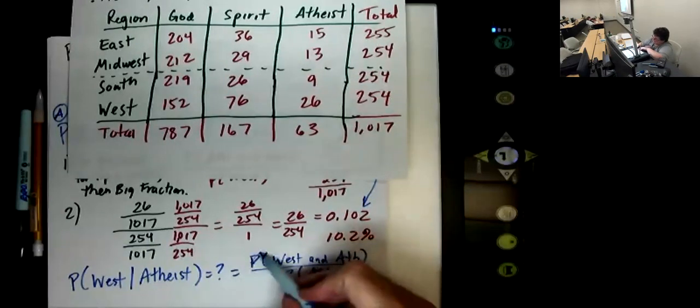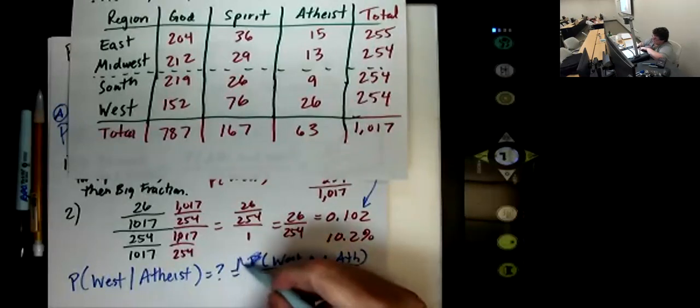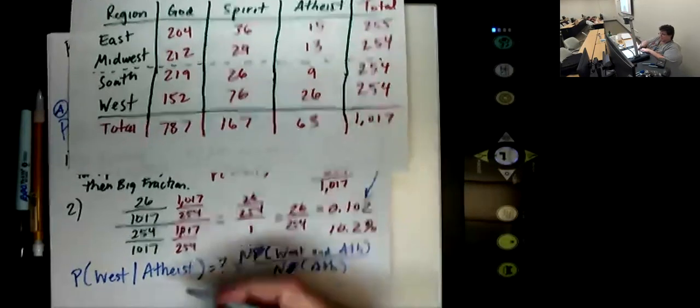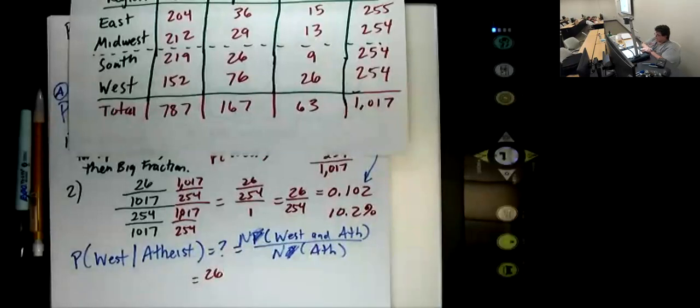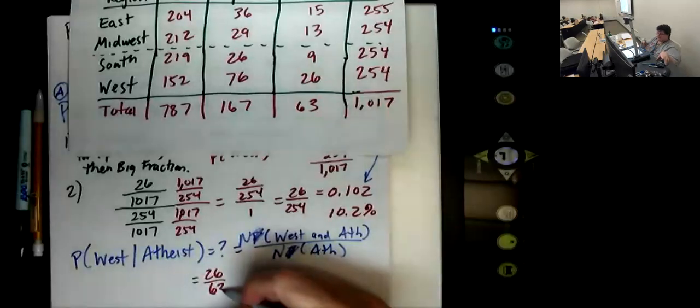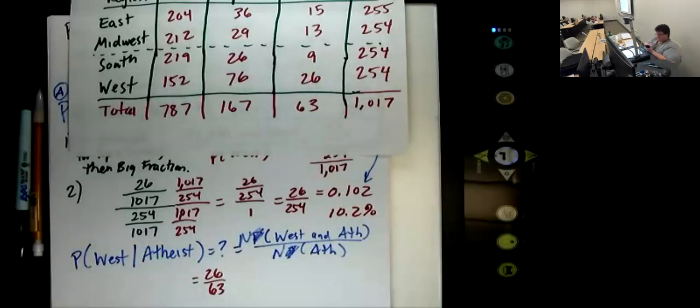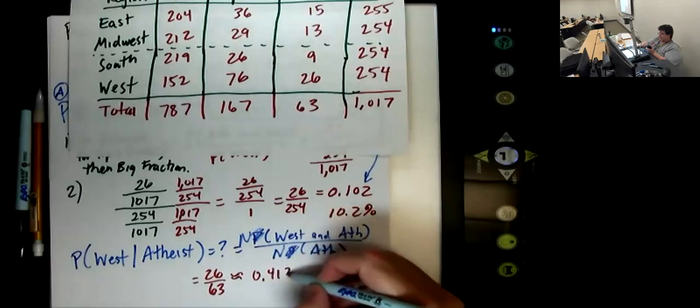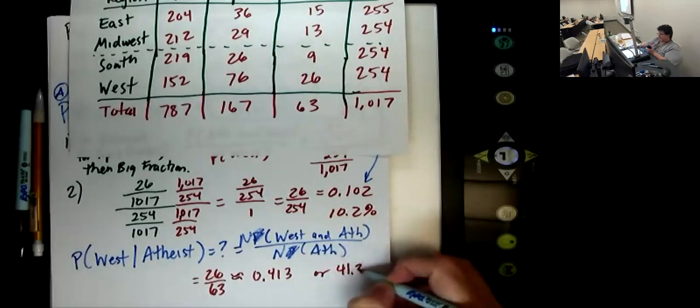Or instead of doing probability, let's do n. We already said that was the easier approach. Let's do n. We already did number of West and atheists. That was 26, right? What is number of atheists? 63. So this is about 0.413 or 41.3%.